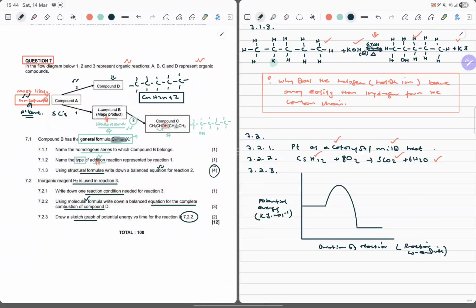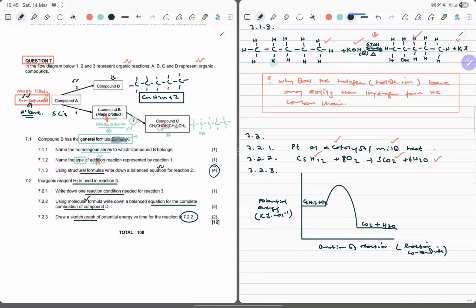Now, what do we have as the reaction? We've got the reactants, so this is C5H12 plus O2. Here we don't care about the balancing coefficient, and then here we've got carbon dioxide plus water. Those are the products.